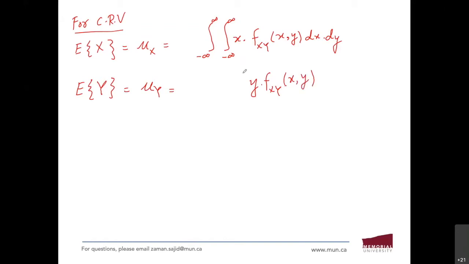And again we have the two integrals. It is going from minus infinity to plus infinity. This is also going from minus infinity to plus infinity. And the inner integral is for d of x and the outer for d of y.